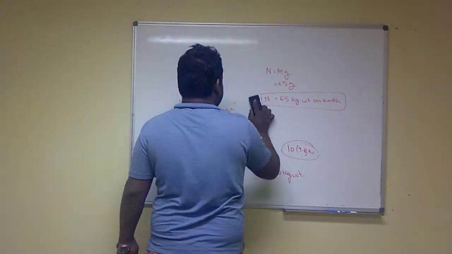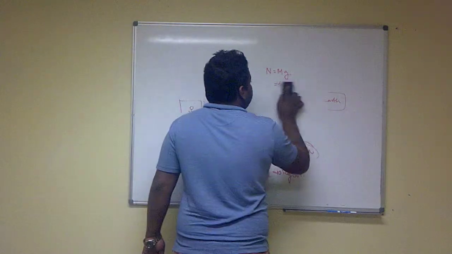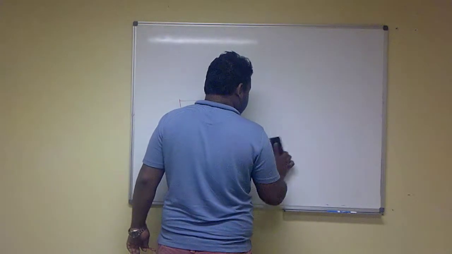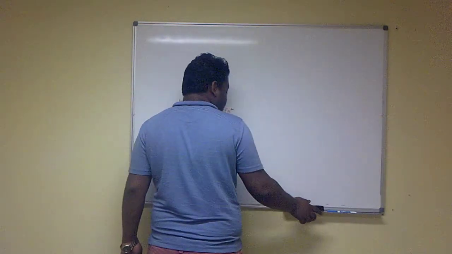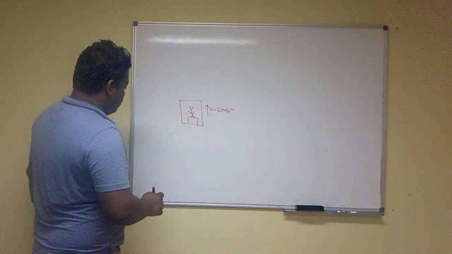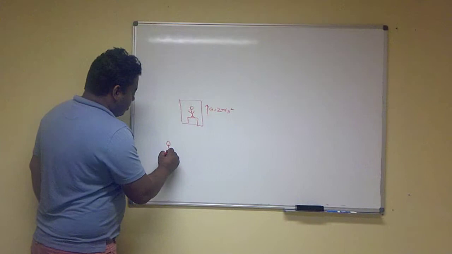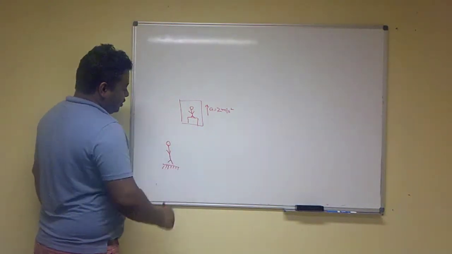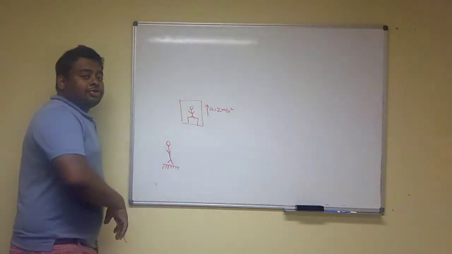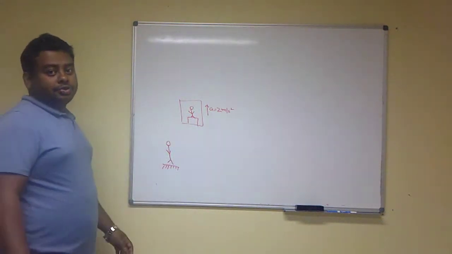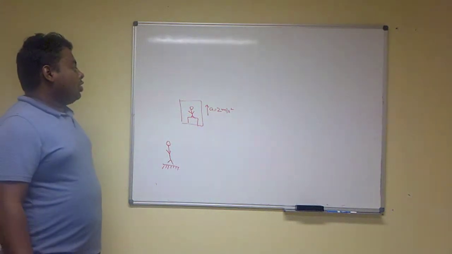So in order to solve this problem here, if you are solving this problem with respect to the ground observer, right, you'll see the entire system is moving up at an acceleration of 2 meters per second square, right?